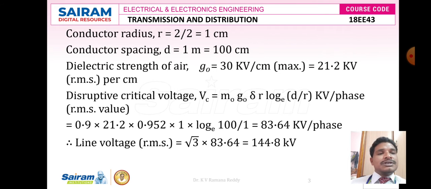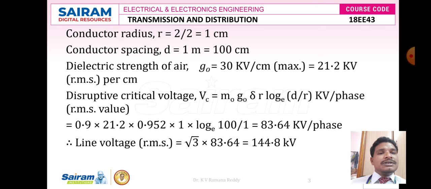That is the formula: VC is equal to m0 into g0 into delta into r into log base e of d by r kilovolts per phase. I am going to substitute the m0 value, that is 0.9, the g0 RMS value, 21.2, into the delta value 0.952, and r, the radius of the conductor, that is 1 centimeter, and log base e of d by r.